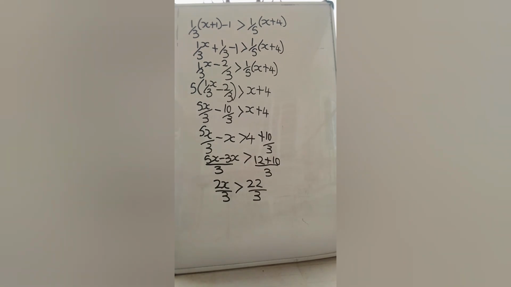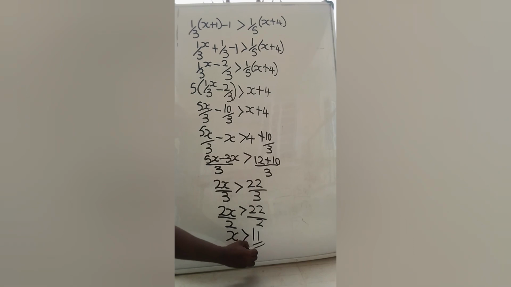Multiply both sides by 3 to eliminate this 3 here, which gives us 2x is greater than 22. And when we divide both sides by 2, we have that x is greater than 11. And that is our answer.